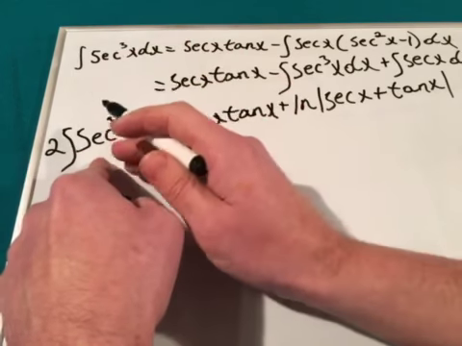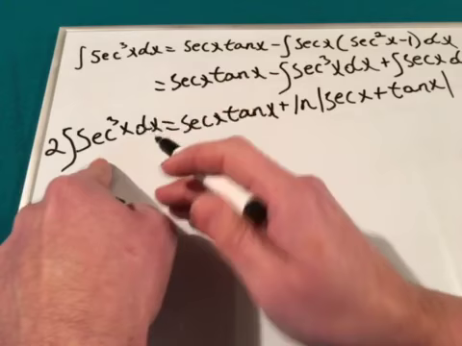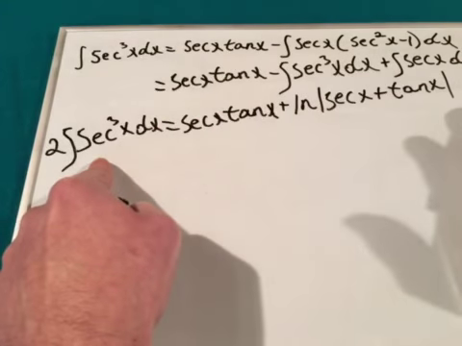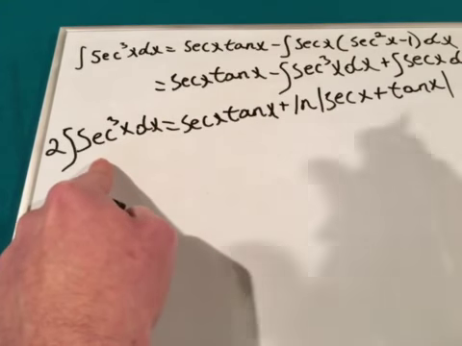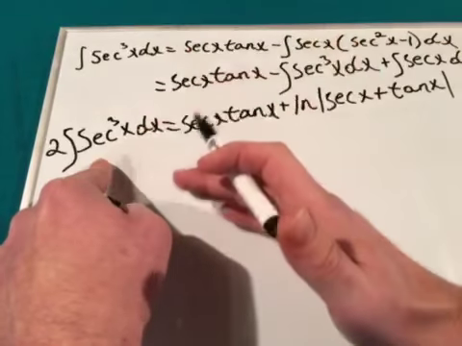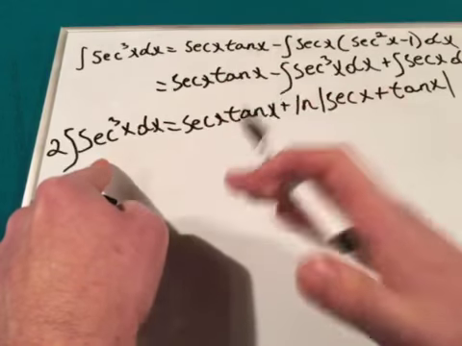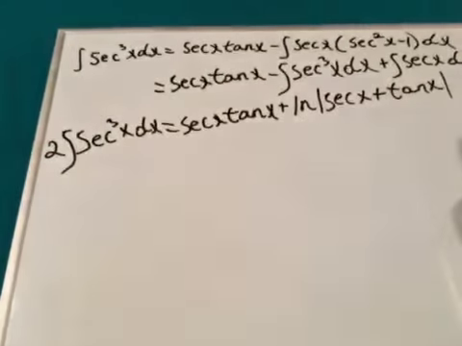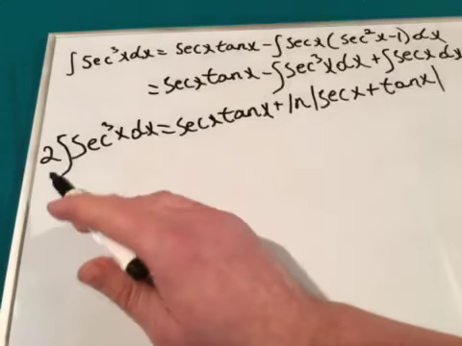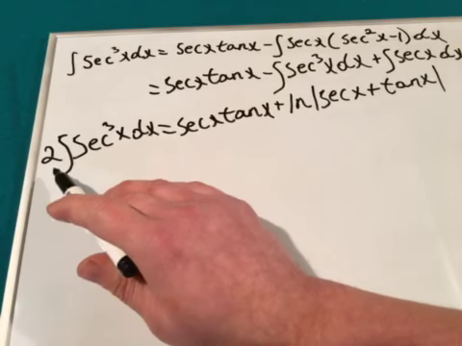We're going to have the integral of secant cubed dx equal to some stuff. Well, that's what we're trying to find, the integral of secant cubed x dx. So this is really cool. All we have to do here is just divide by 2 or multiply by 1/2.